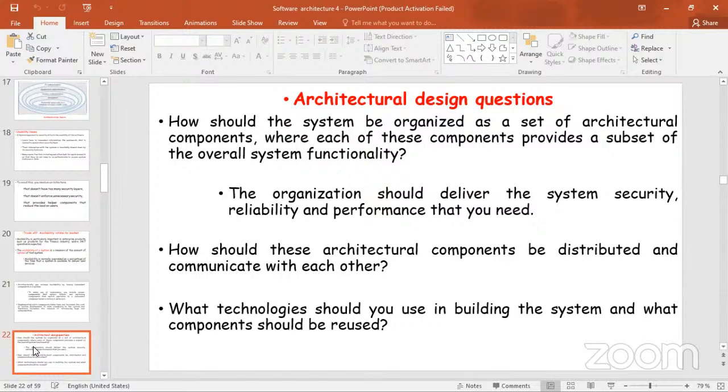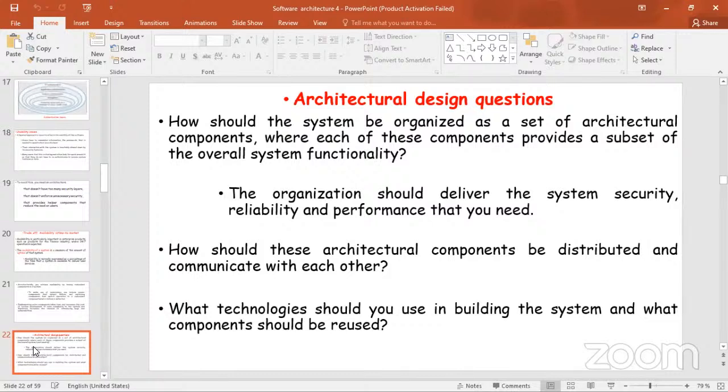So, having looked at the trade-offs, now let's look at the architectural design questions. How should the system be organized as a set of architectural components, where each of these components provides a subset of the overall system? The organization should deliver the security, reliability, and performance that you need.